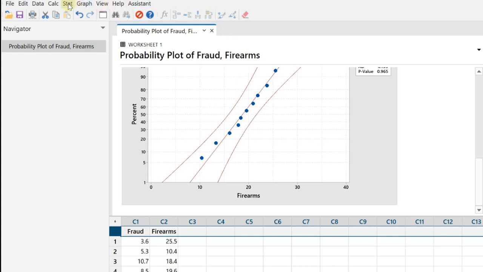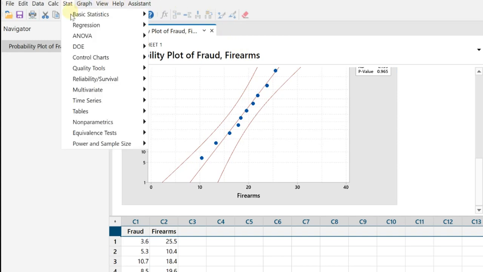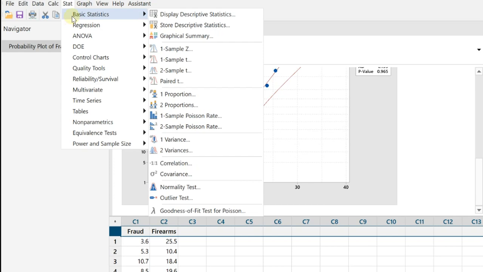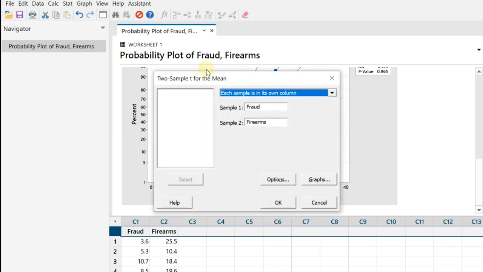To do that, you go to Stat, Basic Statistics, cut across, go down to 2-Sample t, and there you go. So we're going to look at 2-sample t-tests. Click on that. Because I did this before, I inserted those into my notes, so that's why it was already populated.